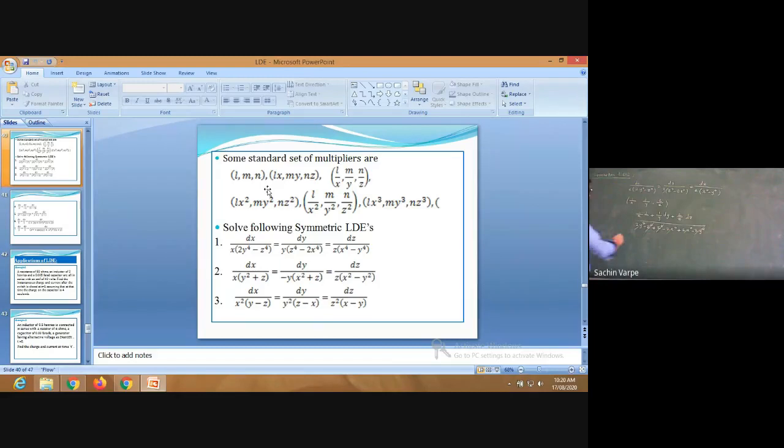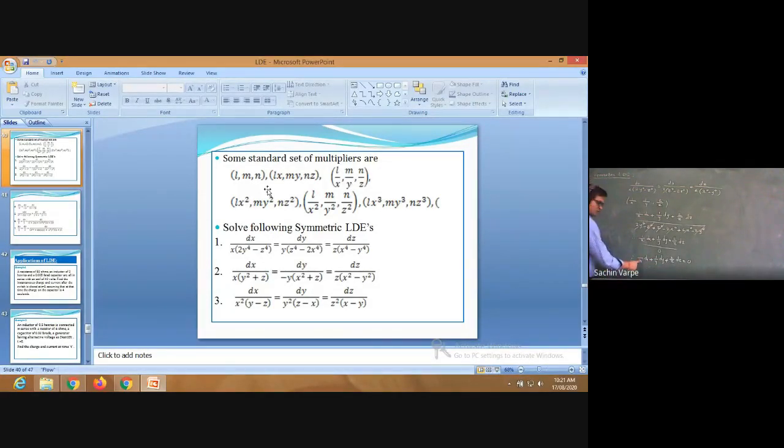And therefore the denominator is 0. Therefore we have 1 by x dx plus 1 by y dy plus 2 by z dz upon 0, and therefore the numerator we have to consider to be 0. That is therefore 1 by x dx plus 1 by y dy plus 2 by z dz equal to 0. And once we have this, we integrate it, we get the solution.